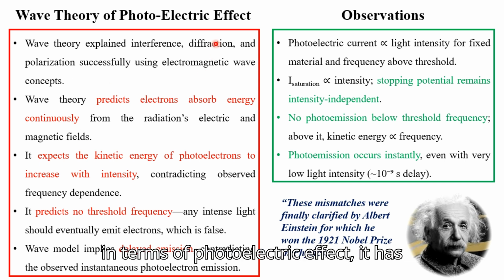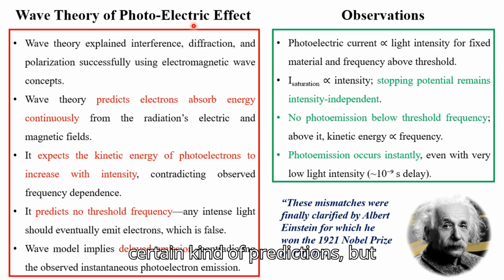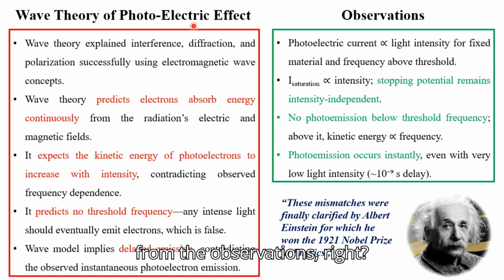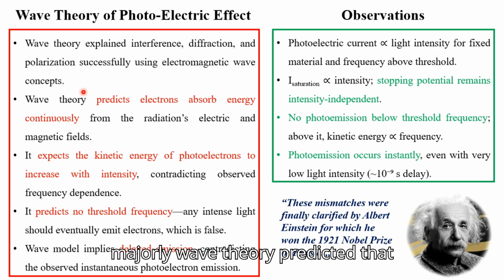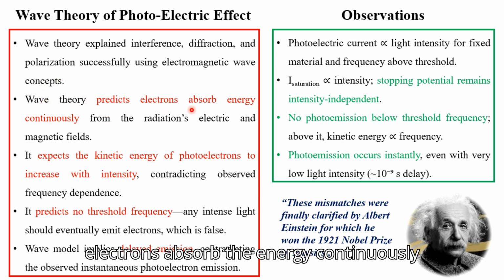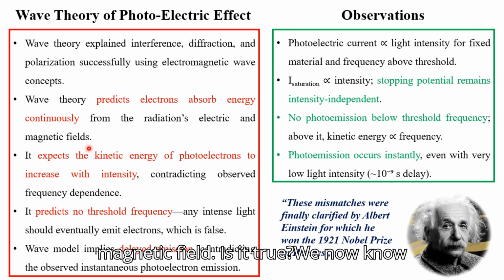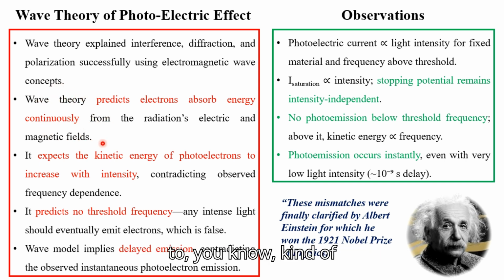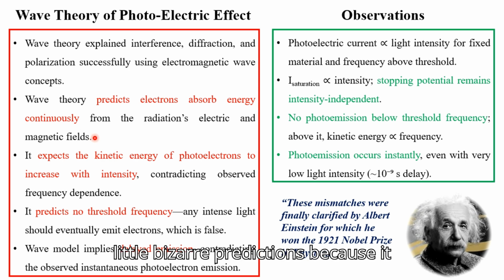But in terms of the photoelectric effect, it has certain predictions, but do they really agree with what we observe from the experiments, right? So let's see that. Majorly, wave theory predicted that electrons absorb energy continuously from the radiation's electric and magnetic field. Is it true? We now know that it's not true, because this can lead to somewhat bizarre predictions.